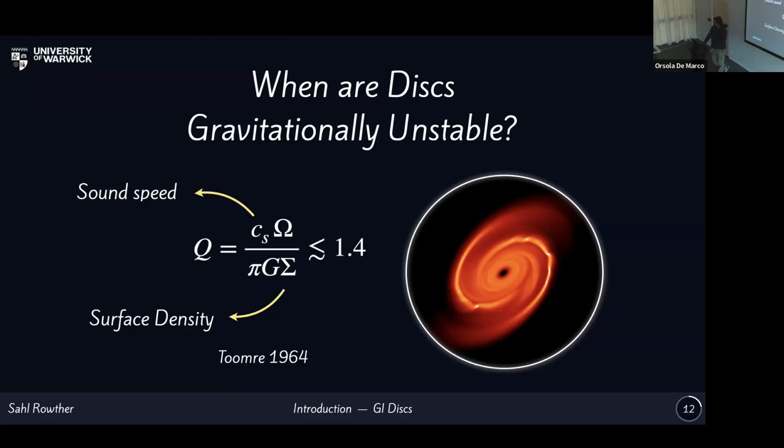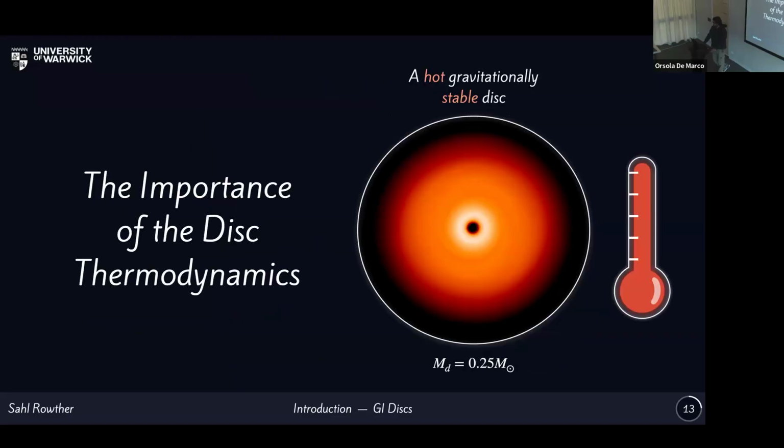So a hot and low mass disk is stable, and a cold and massive disk is unstable. That means how we model the disk thermodynamics is quite important.